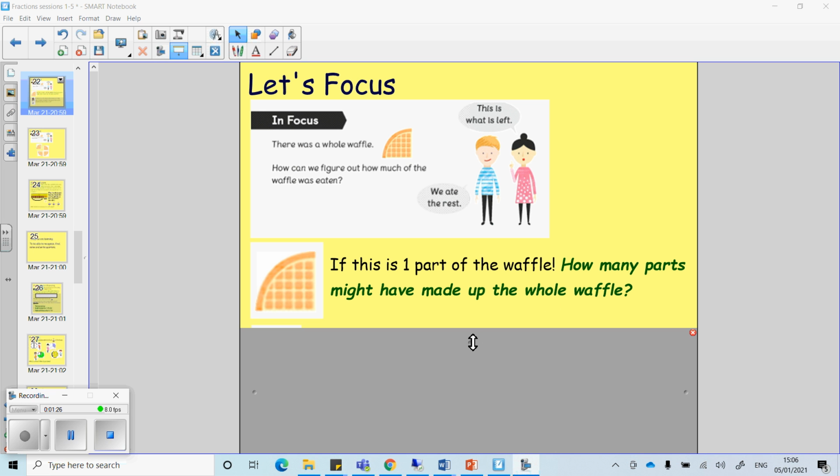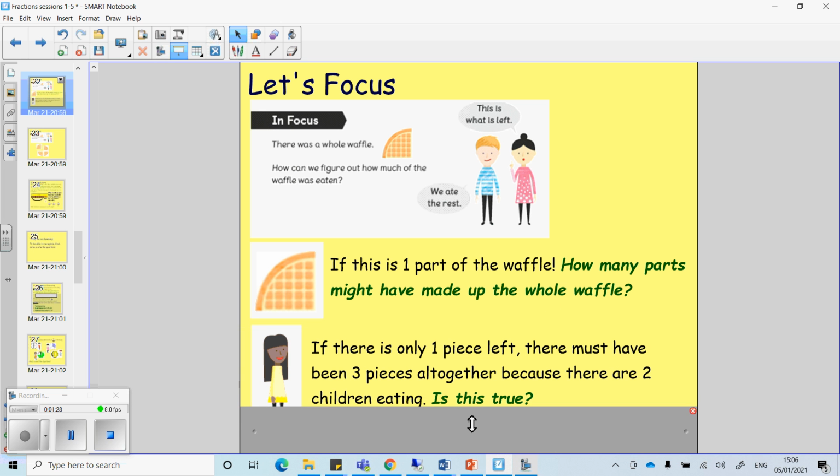Let's see, let's think. Hannah says, if there is only one piece left, there must have been 3 pieces altogether, because there are 2 children eating. Is this true? Well, I don't think that's true.